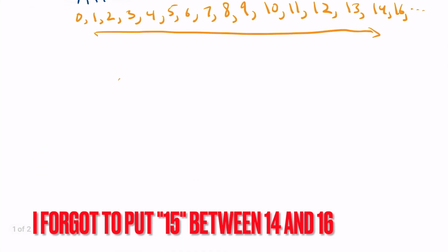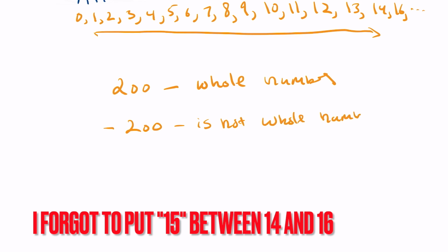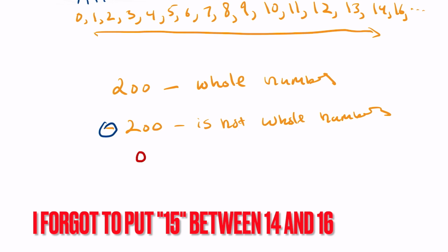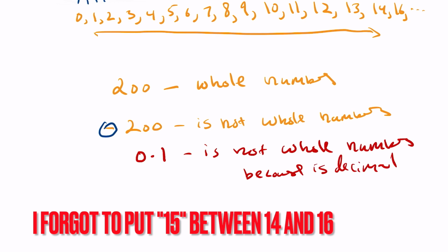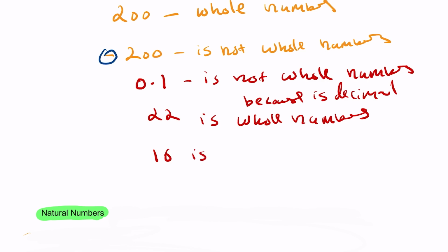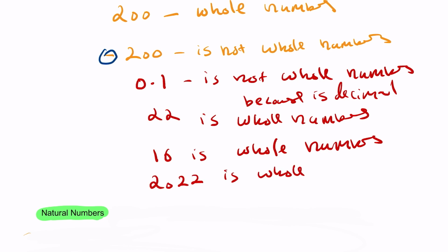Let's do some practice. 200 is a whole number. Negative 200 is not a whole number because it is negative. 0.1 is not a whole number because it's a decimal. 22 is a whole number. 16 is a whole number. 2022 is a whole number because it's a counting number. 2023 is a whole number.